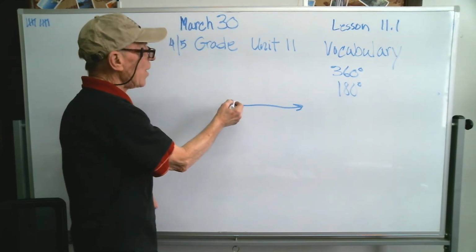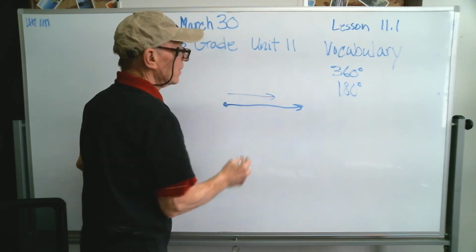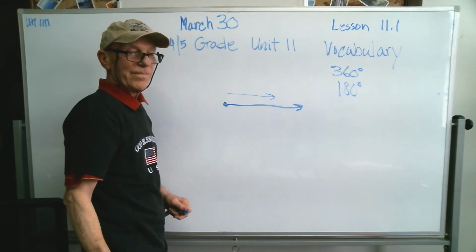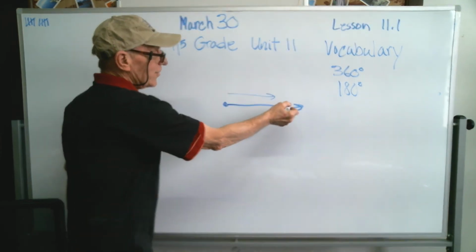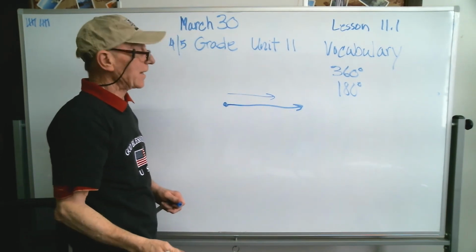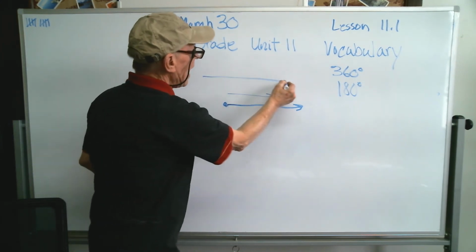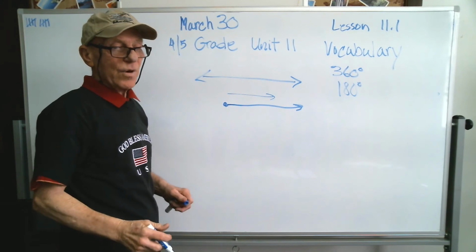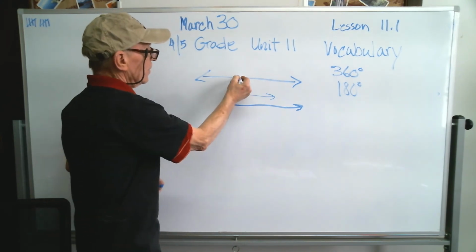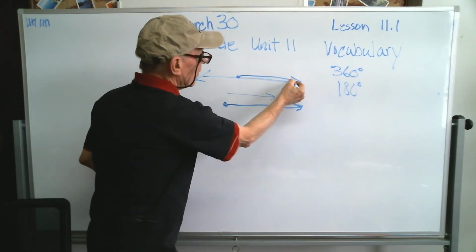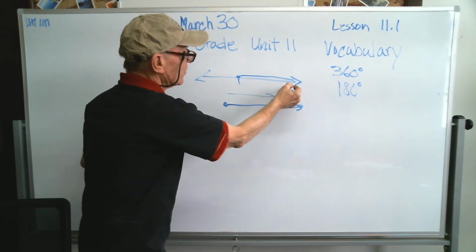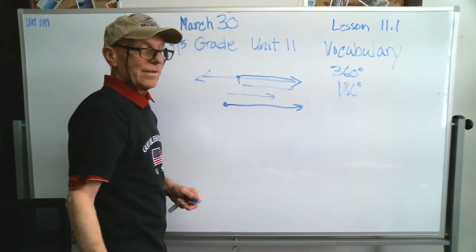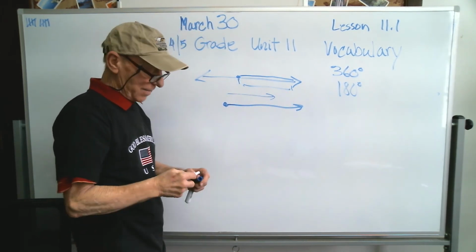So from this point, moving in that direction. This is what a ray looks like, as opposed to a line, which can go as far as you want in both directions. This part of it here, if you're defining this, would be defined by a ray.